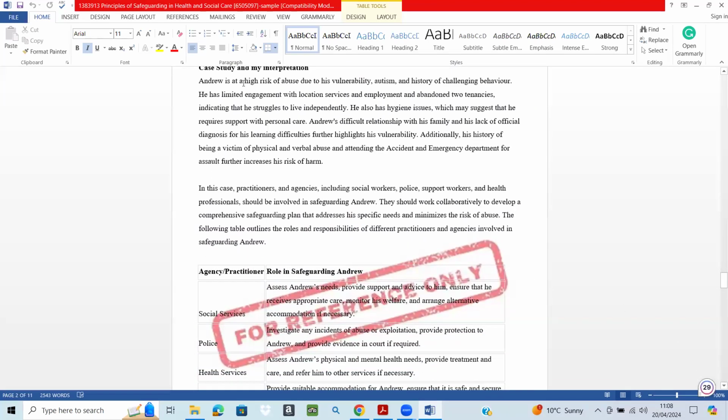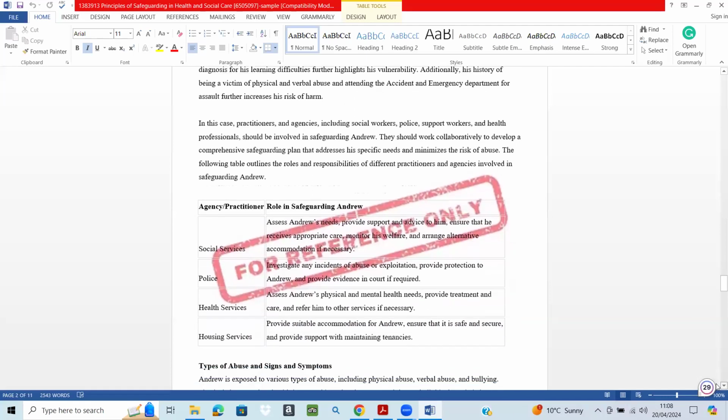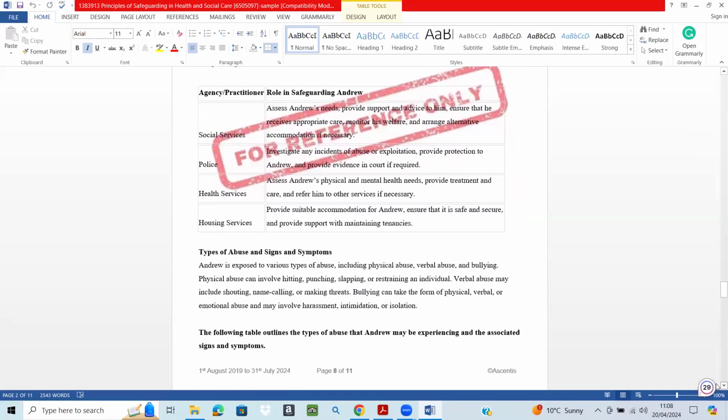Now we have the case study and my interpretation. It would be your own interpretation about the case study. For example, Andrew is at a high risk of abuse due to his vulnerability, autism, and history of challenging behavior. Look, we have written two paragraphs here, and then if you remember, we discussed the involvement of agencies or practitioners and also his family members, like a multidisciplinary team or partnership working.